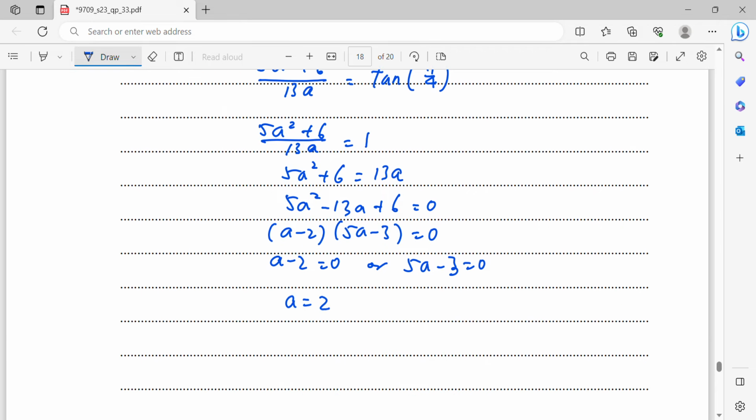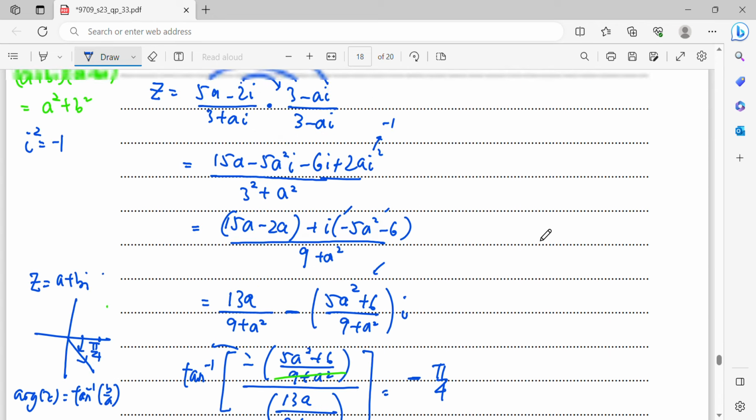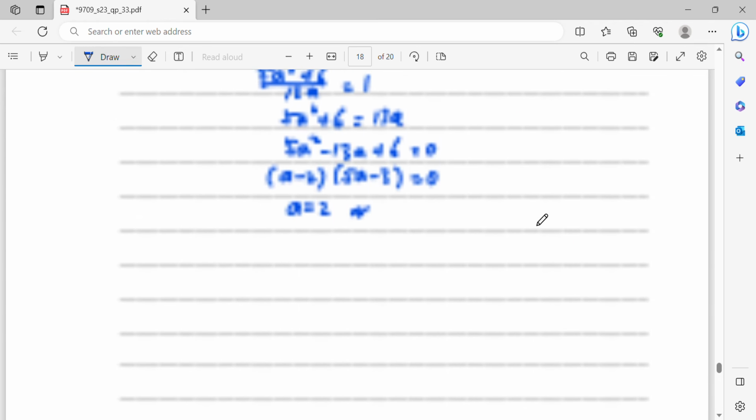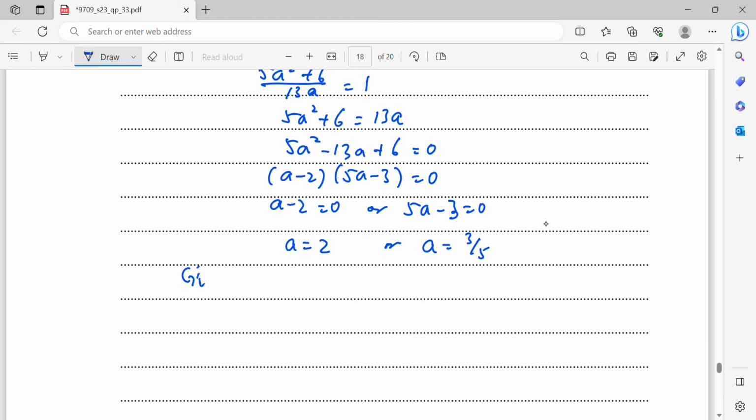My a is either 2 or 3 over 5. Okay, so now which a do we need to accept? Given that a is an integer, therefore a is 2. We cannot accept 3 over 5.